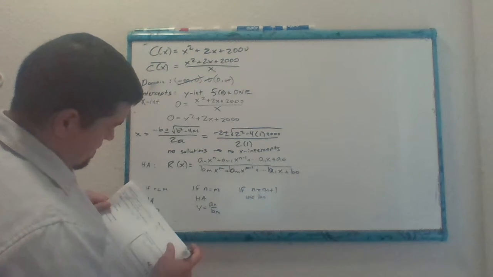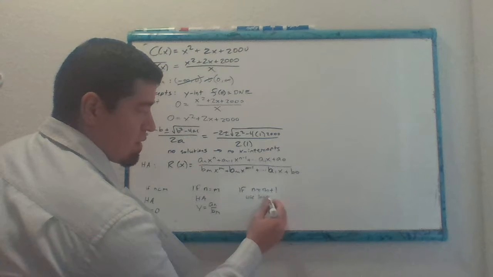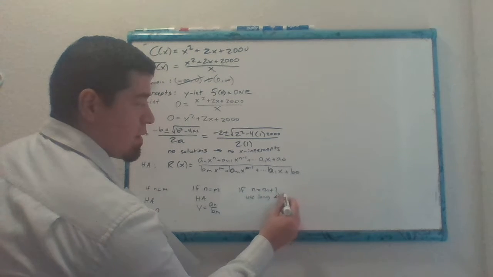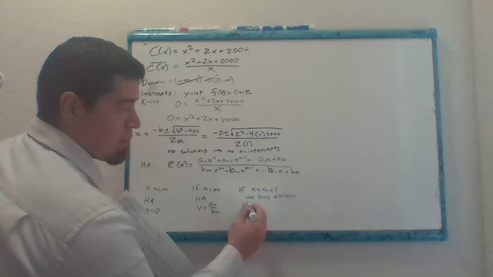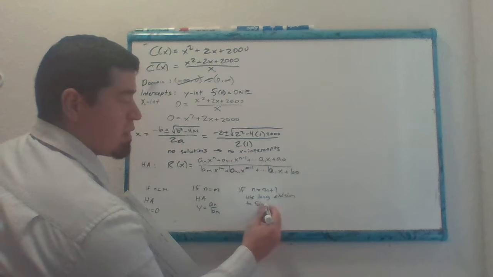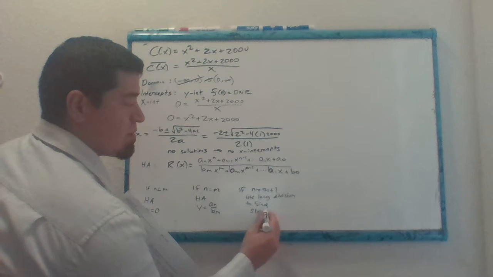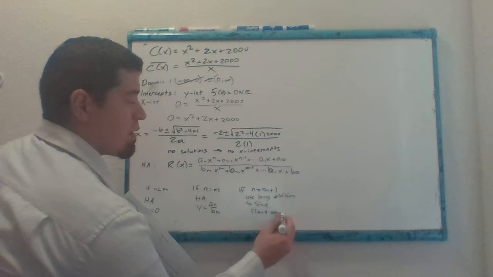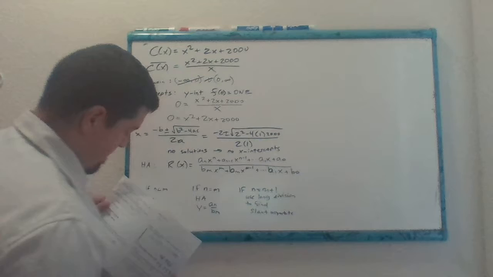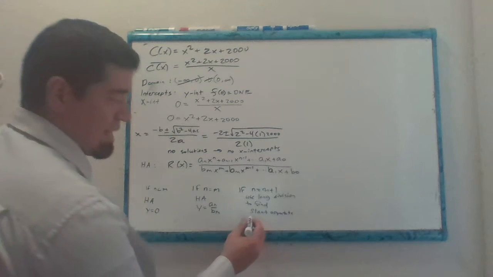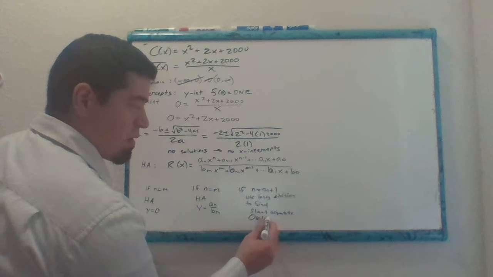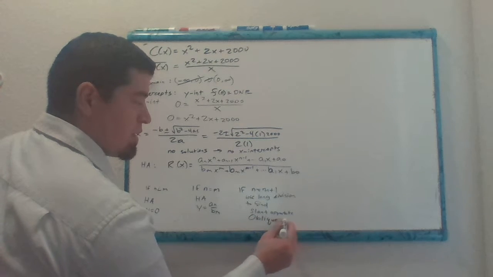I think that's what we're going to have to do here: use polynomial long division to find the slant asymptote, also known as the oblique asymptote, which is what it says on your paper.